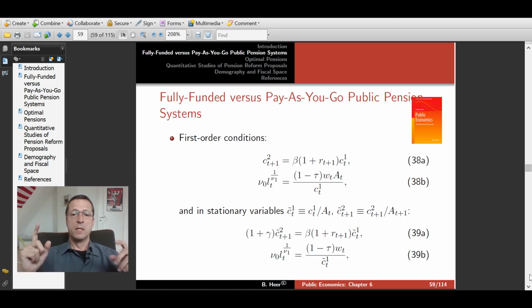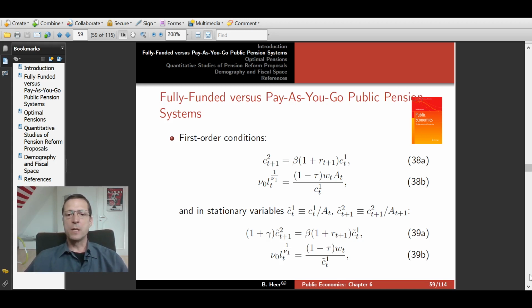Should we consume, at the margin, an extra unit of income and consume c1_t, or should we save it and consume the savings plus the interest next period? And we are indifferent between the uses of the marginal income here if equation 38a, the Euler equation, holds.